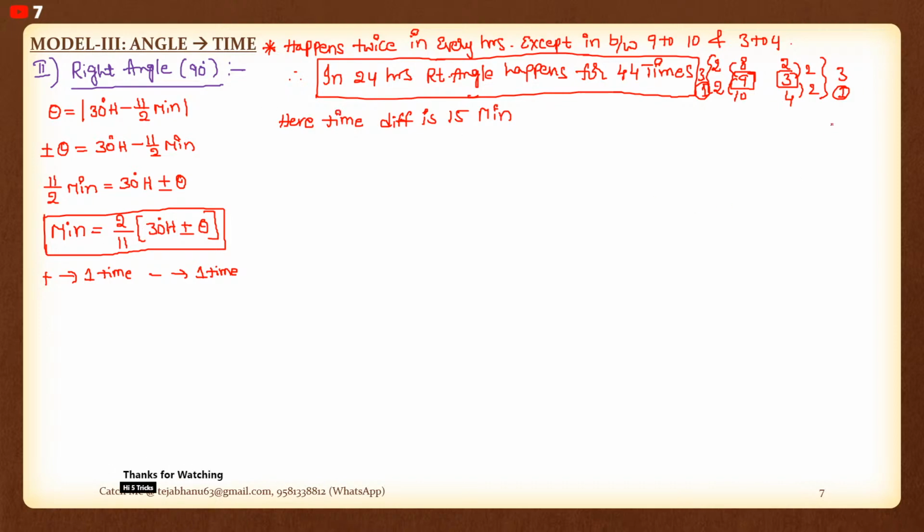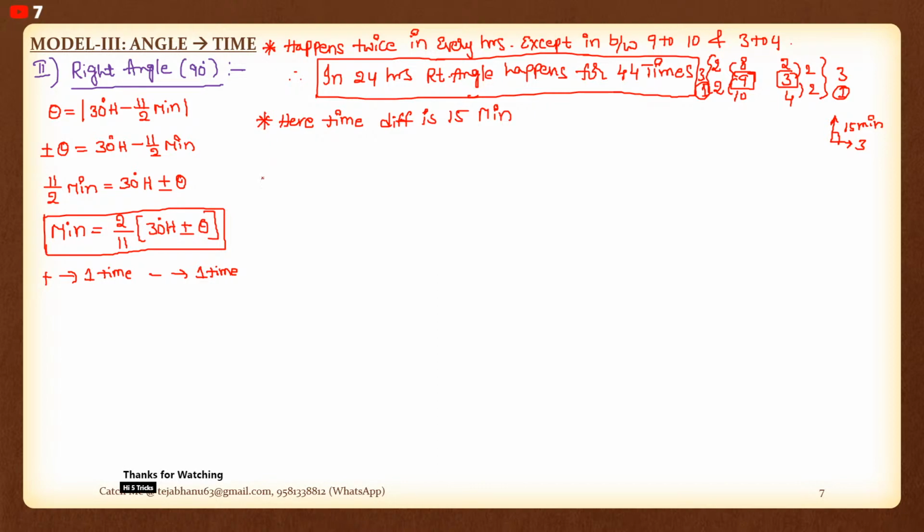If you consider 3 o'clock, the time difference is 15 minutes between the hour hand and the minute hand.